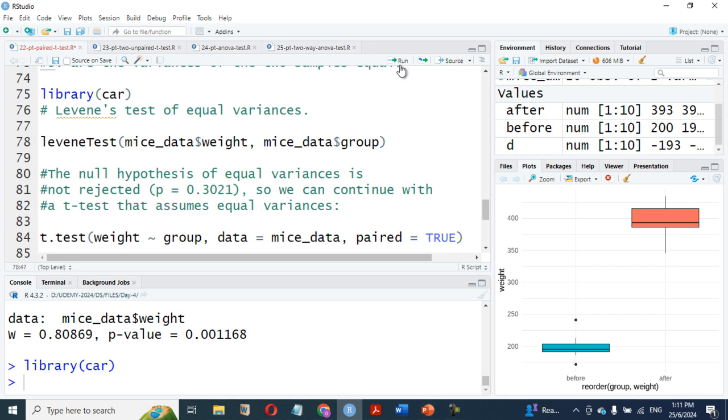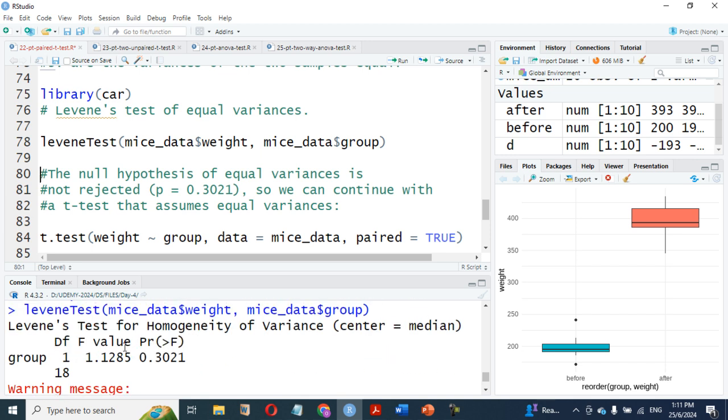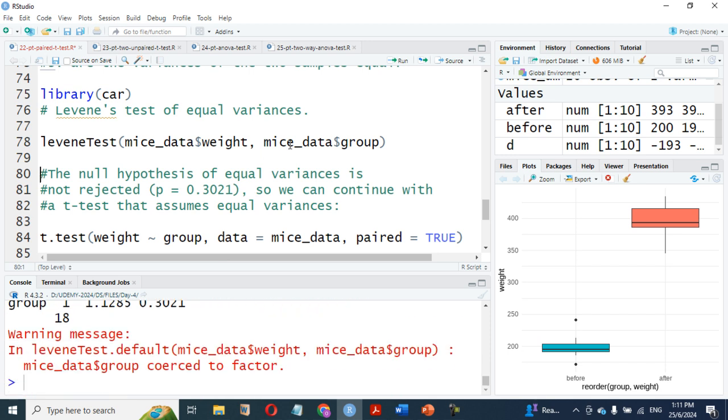All right, so you can run this line of code. Don't mind the warning, okay? It is about homogeneity of variance, but this can be taken care of as well, because it says group coerced to factor by default. So we can just factor this. Because group is a character variable, it's not a factor at all.